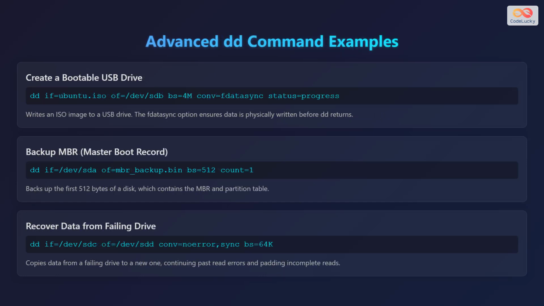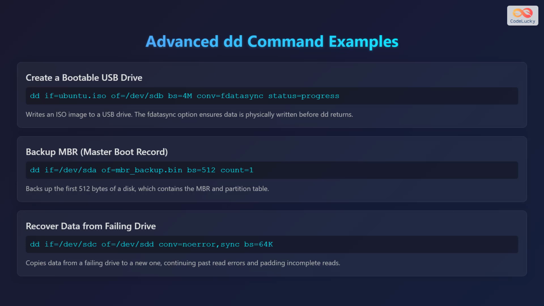Let's delve into some advanced examples of using the dd command. To create a bootable USB drive, you can use the command dd if=ubuntu.iso of=/dev/sdb bs=4M conv=fdatasync status=progress. This writes an ISO image to a USB drive, and the fdatasync option ensures that the data is physically written before the command returns.